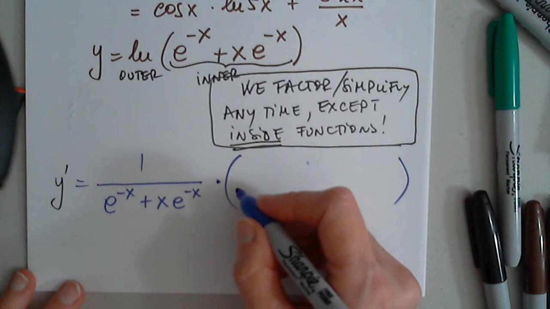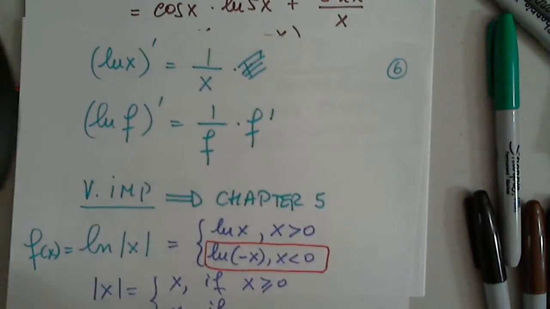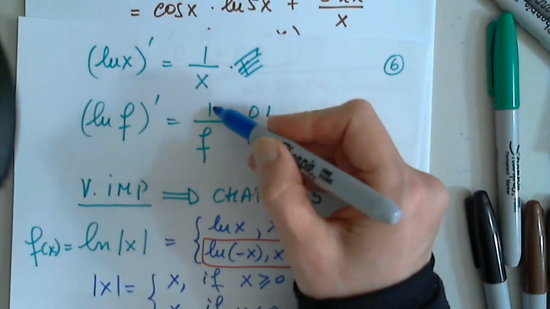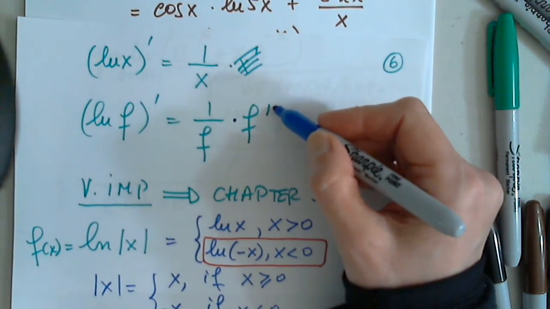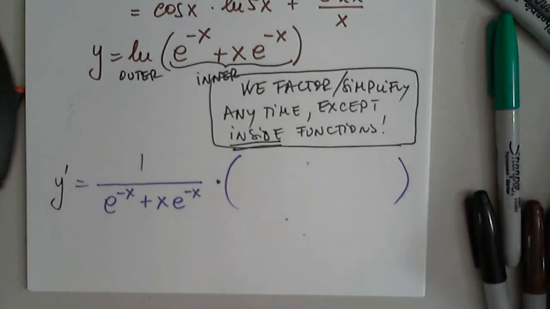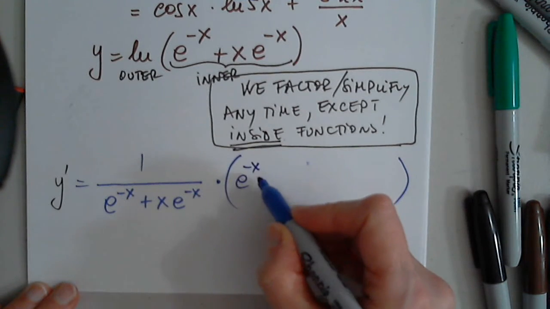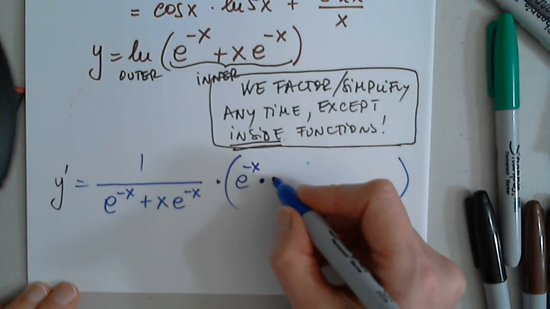But wait. A natural log of a function prime is 1 over the function times the inner function prime. So it's going to be e to the negative x plus x e to the negative x, times the inner function prime. The derivative of e to the negative x is negative 1. Say it again. Negative 1.